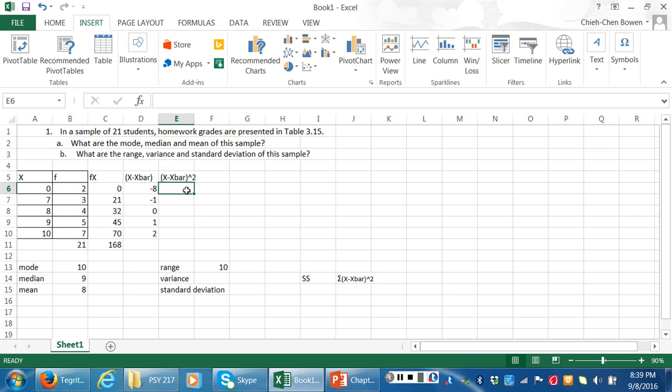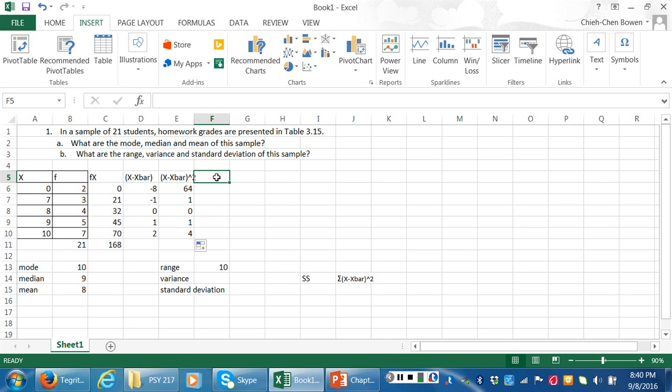Order of operations: once you've figured out the parentheses, you have the square to do, so x minus x bar squared is your next operation. Equal sign, this value is x minus x bar, and all we need to do is square that, power 2. Hit enter. Copy it to the last value, so everything is squared.